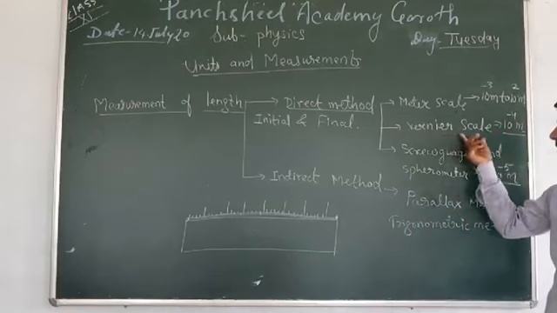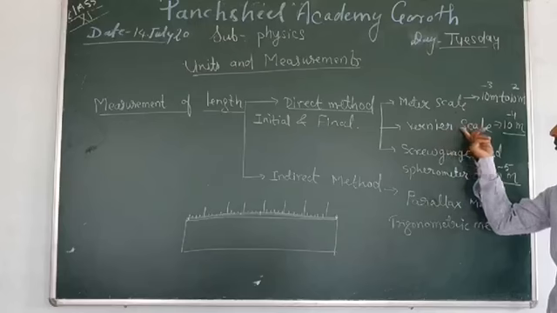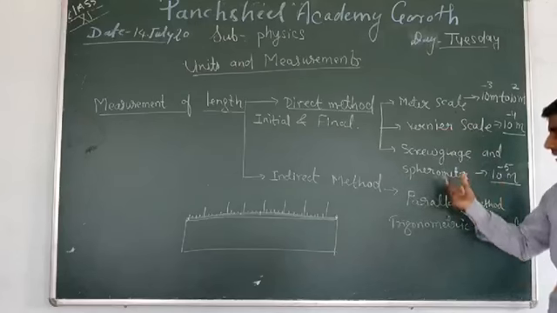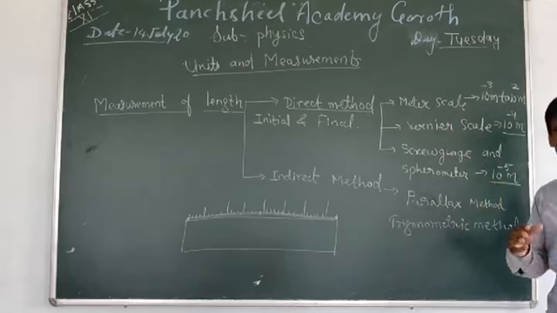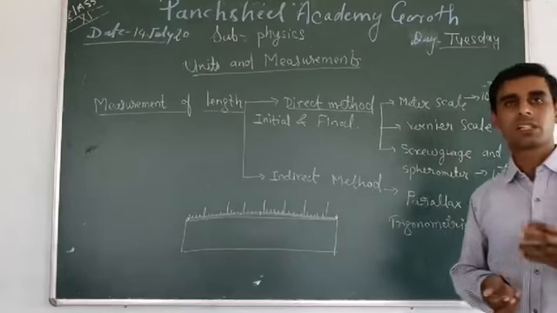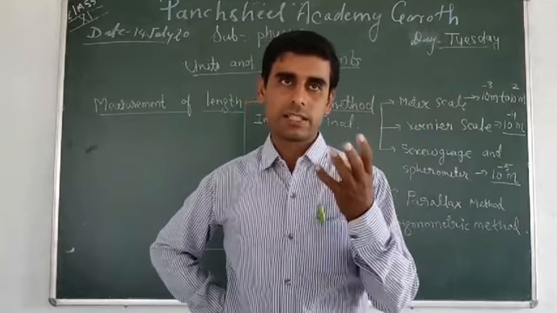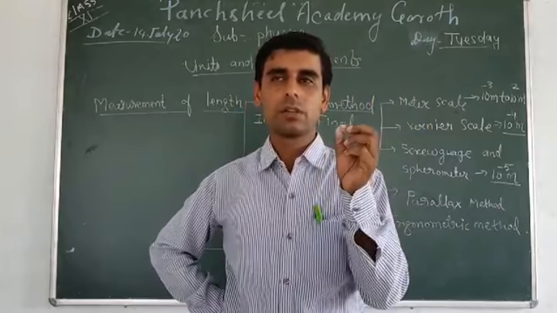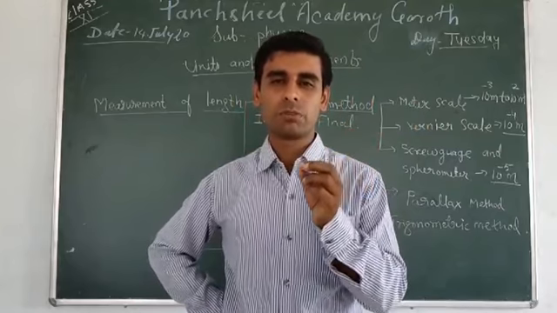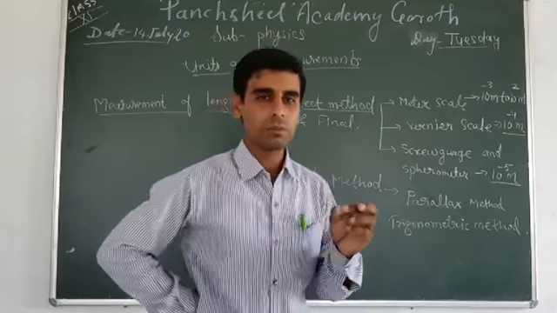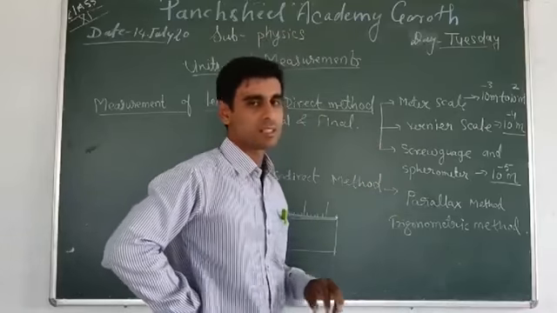So we can use this. The screw gauge and spherometer are also used to measure very small quantities, such as the diameter of a wire, like 0.01 mm or 0.2 mm. So for very small measurements, you can use all these instruments.